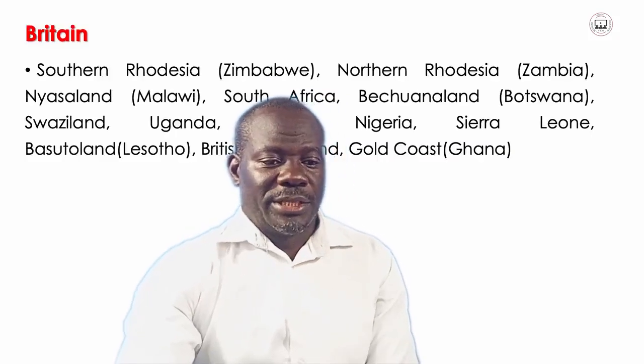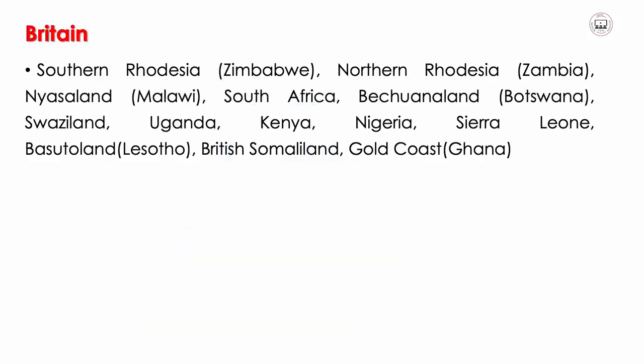What about Britain? Britain got these territories. Just as France, Britain also had a lot of territories. What were these? Southern Rhodesia, which is today called Zimbabwe. Northern Rhodesia, which is today called Zambia. Nyasaland, which is Malawi. And South Africa, Bechuanaland, which is Botswana. Swaziland, Uganda, Kenya, Nigeria.